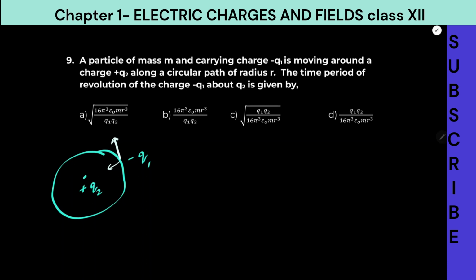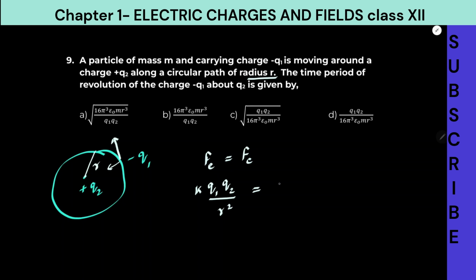So force of attraction between the two charges must be equal to the centrifugal force, right. So what's our force of attraction? Force of attraction will be Coulomb's force and outward will be centrifugal force. So electric force is nothing but K q1 q2, let me remind you once again, no negative sign, upon r square. What is r? The radius of the circular path as given in the question, right?